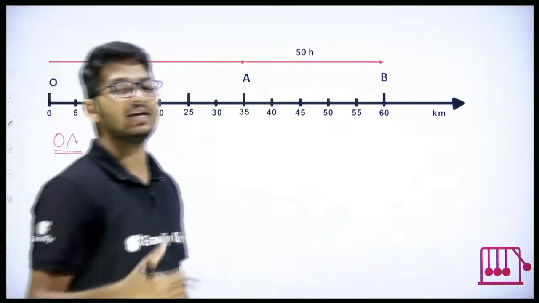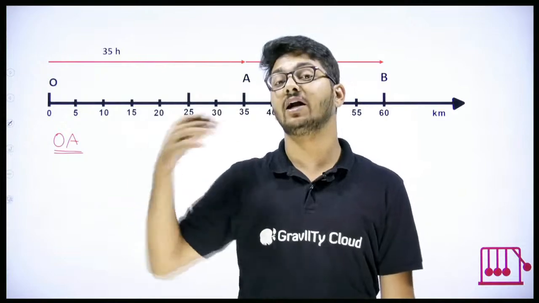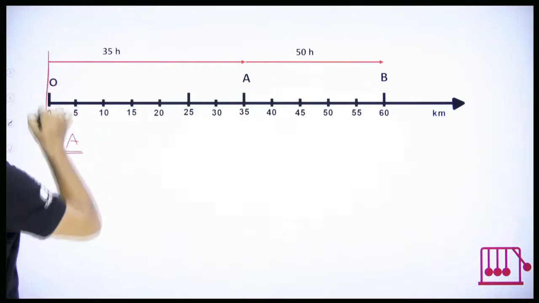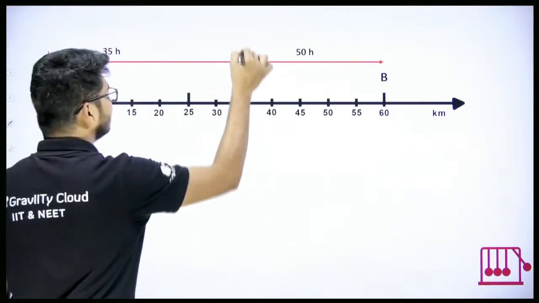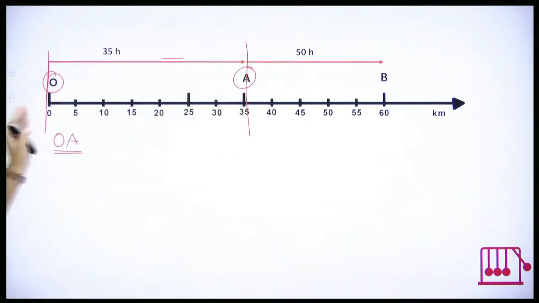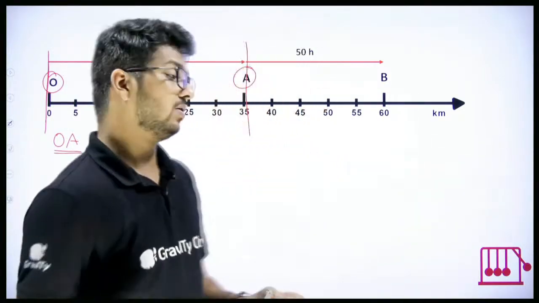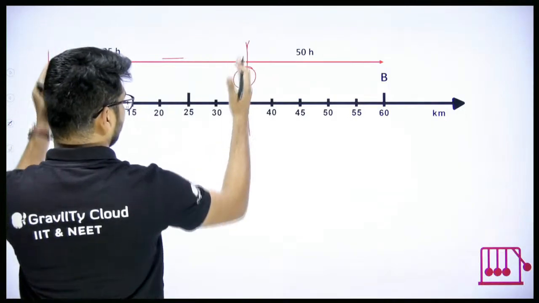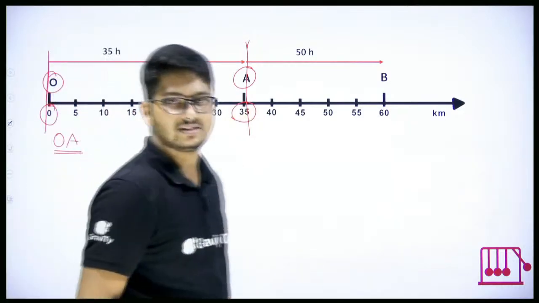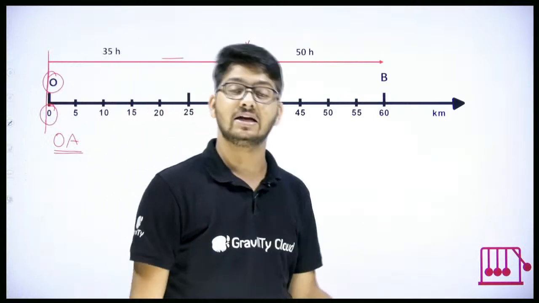Now we know that speed is equal to distance by time. So our target is to first find out what? First find out distance. Yes or no? So here for OA, O is here, A is here. So you can see this is the straight line, this is the path. So O to A, what is the path length? It's very simple. I need this length of the straight line. So how do you get this? If I use a scale, at one side you have 0 reading, at the other side you have 35 reading.